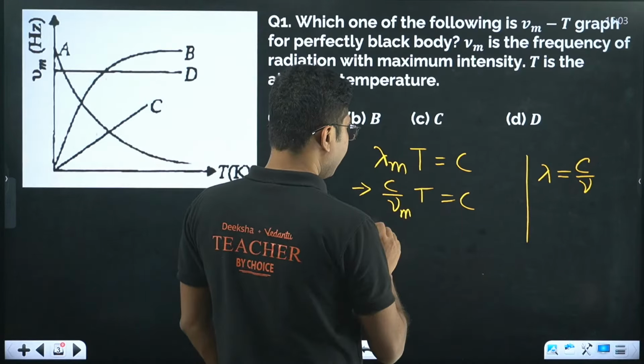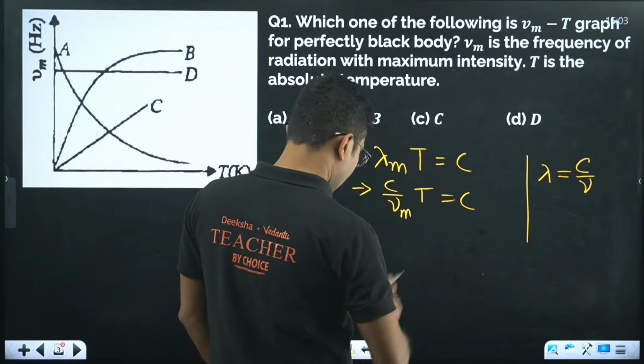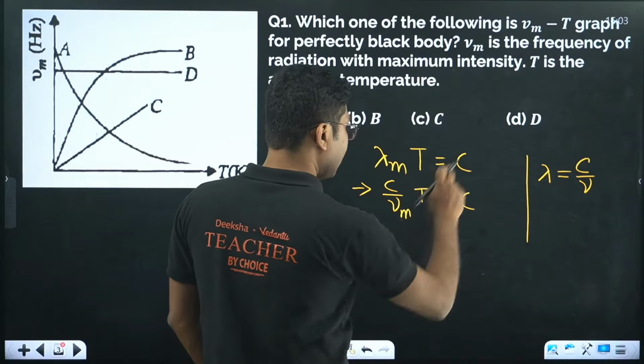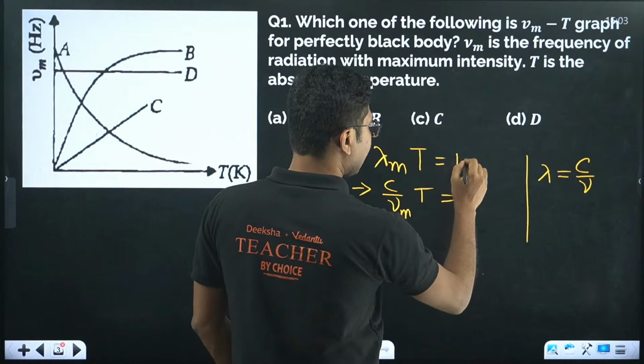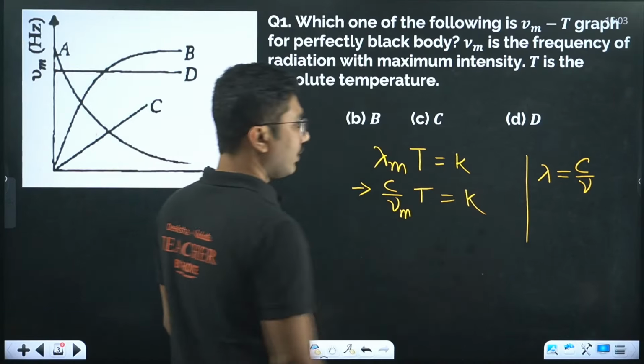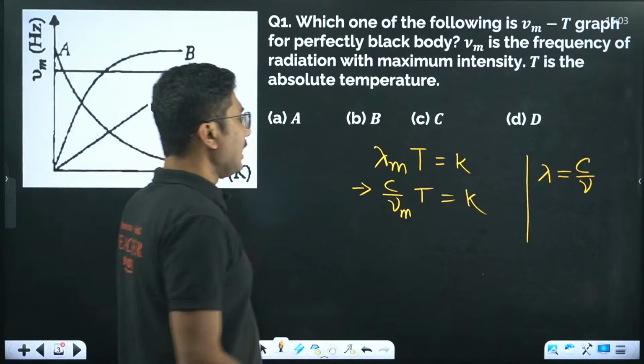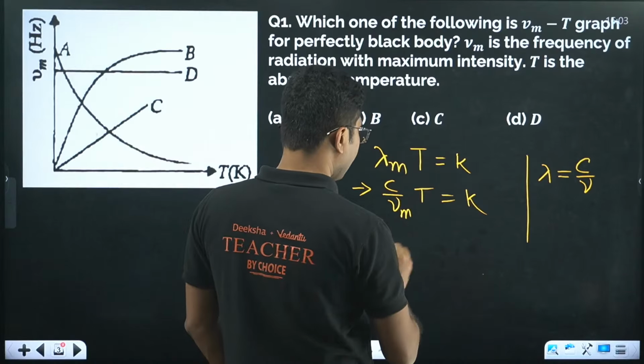So if you write it here, just let me change one thing because you might be confused. Let me rename this constant as K. Now just simply reorganize.